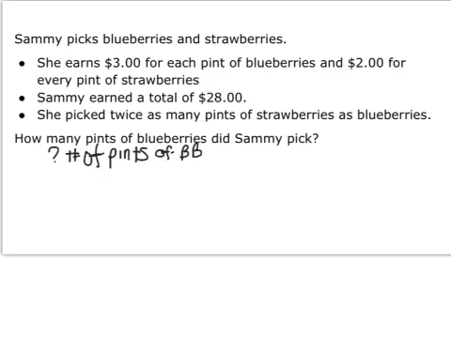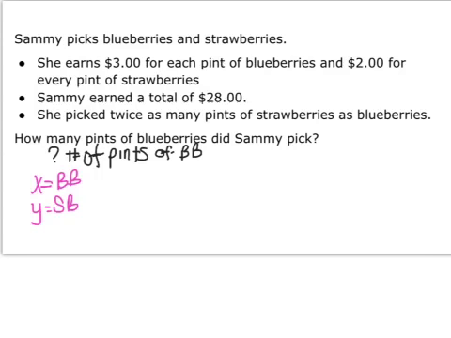I know the cost of everything, and I know the amount in comparison to how many strawberries and blueberries. So one thing I see is I have two unknowns, so I'm going to go ahead and let one be X and one be Y. I'm just going to say X is going to be the blueberries and Y is going to be the strawberries. Doesn't matter which variable you choose.